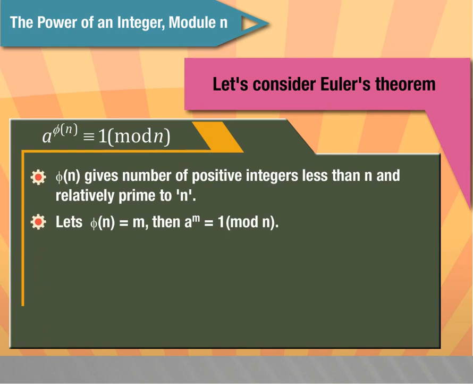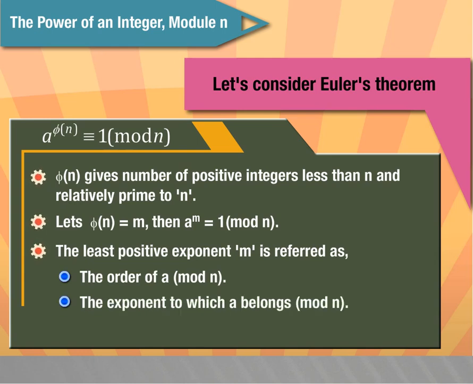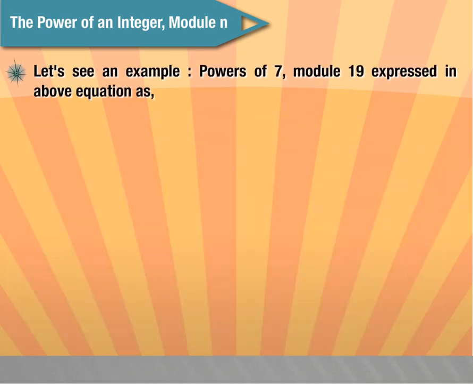Let phi of n be equal to m, then a to the power m is equal to 1 mod n. The least positive exponent m is referred to as the order of a mod n, the exponent to which a belongs mod n, or the length of the period generated by a. Let us see an example.